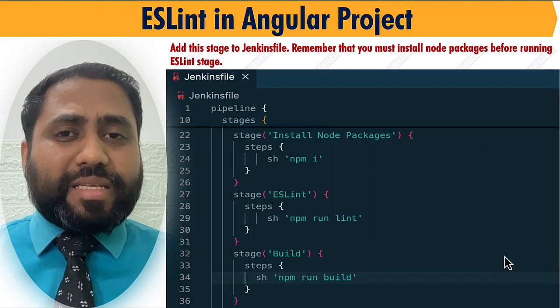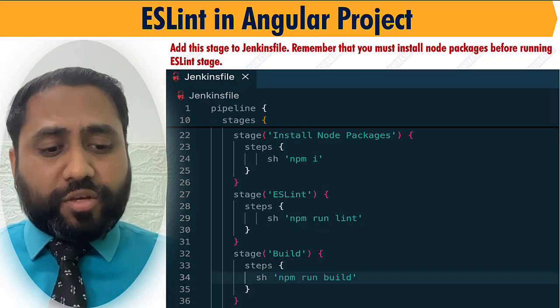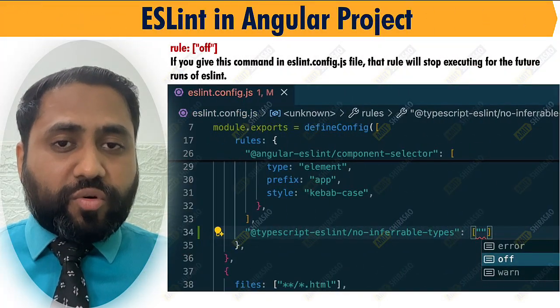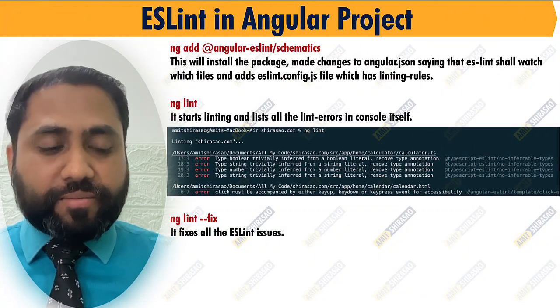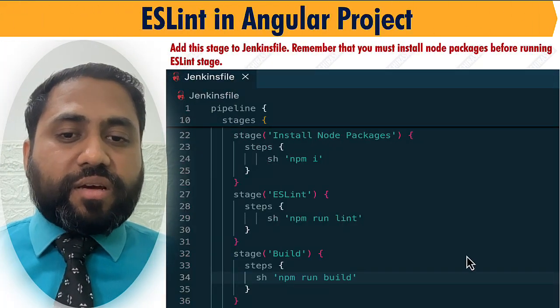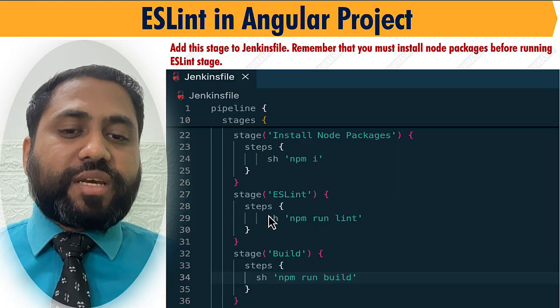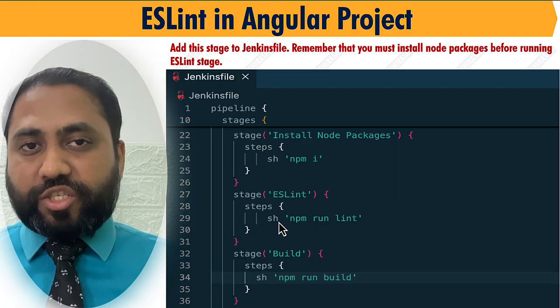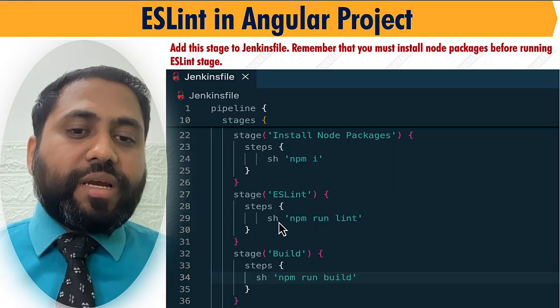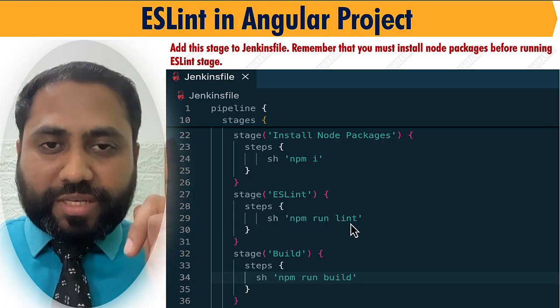Now how do you integrate this with Jenkins? For Jenkins, you will still require all these juggleries that you did so far. But in addition to this, for Jenkins, you will just be adding a stage like this saying ESLint, and in the stage the step will have sh, meaning it's a shell script which is getting followed, and here the shell script is npm run lint. What is npm run lint?